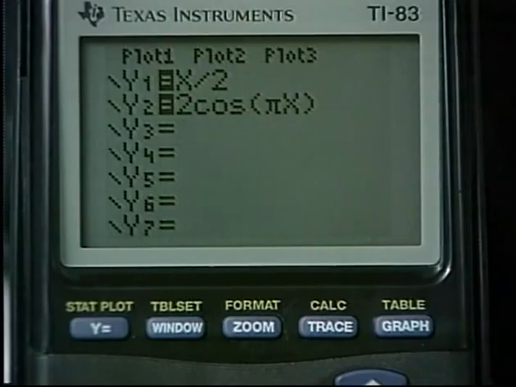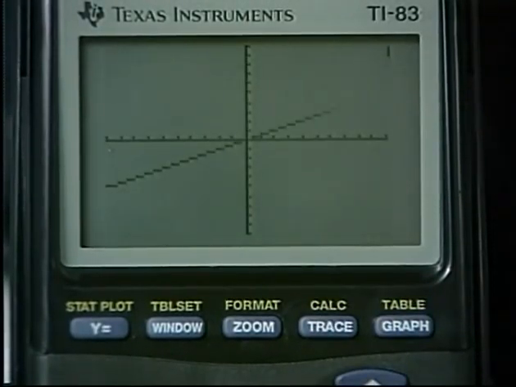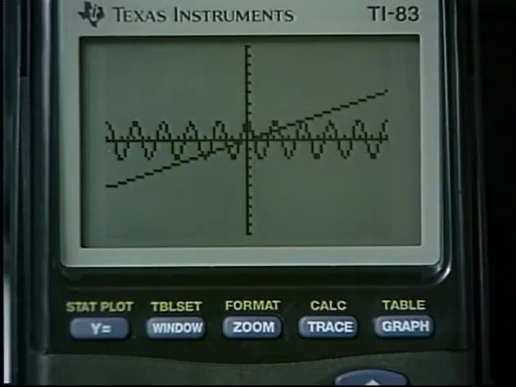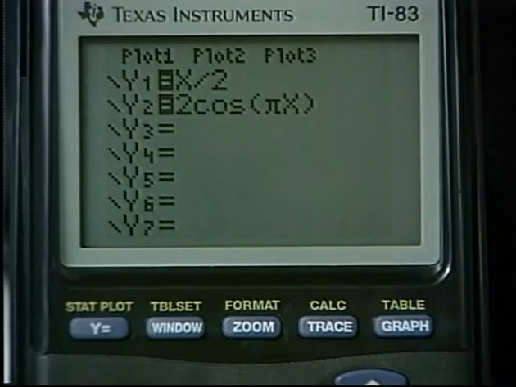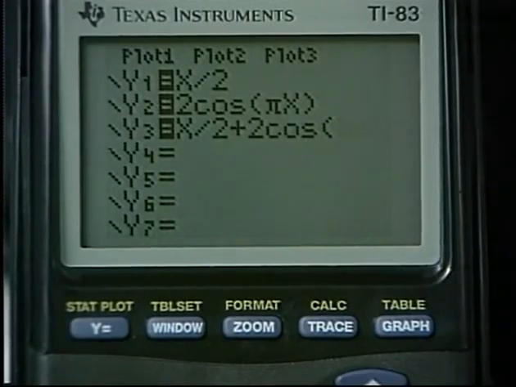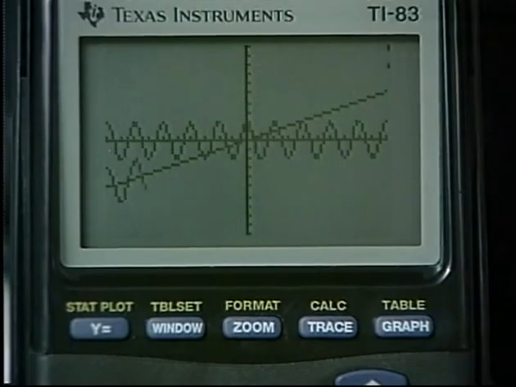The two equations have been entered, and separately on standard settings, their graphs look like this. Now, upon adding the two functions, however, that is x over 2 plus 2 cosine pi x, we have this effect.